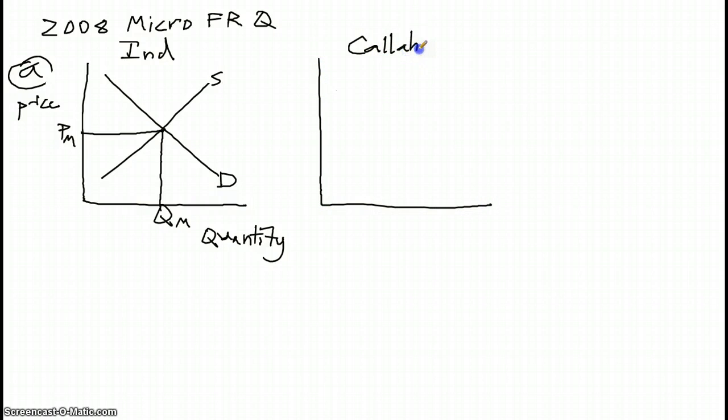here, the price is, since they're a perfectly competitive apple orchard, the price is determined by the industry since they're price takers. So over here in a straight line, and that's the price for Callahan, which is also marginal revenue.